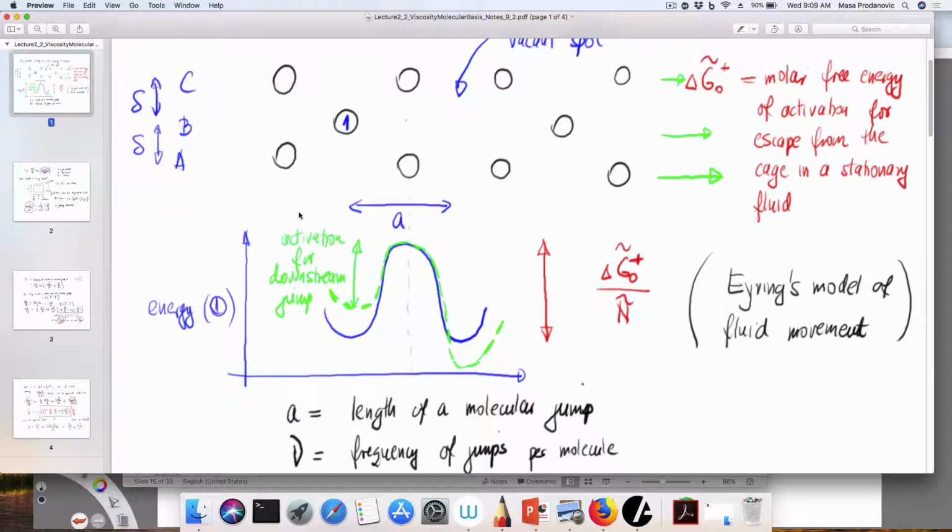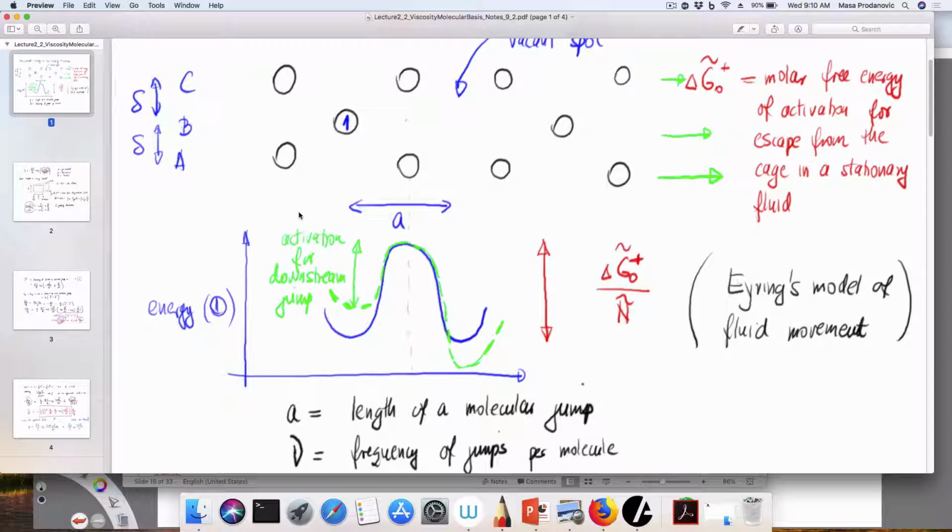Yes? If the molecule is moving downstream, after the jump, after the peak, will the energy go back to its original magnitude? It goes to the minimum. Once it's in this vacant spot, the highest peak that it has to jump through is in between the two other molecules.